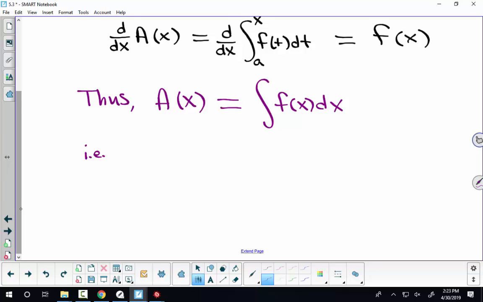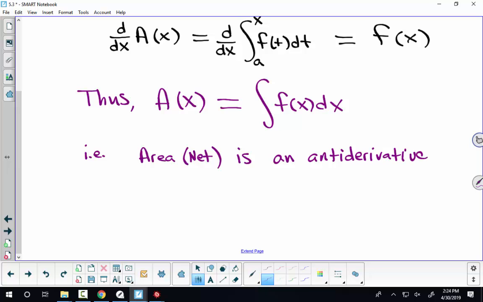That is, the area, which is in general a net area, is, well, we'll say is an antiderivative of f of x.